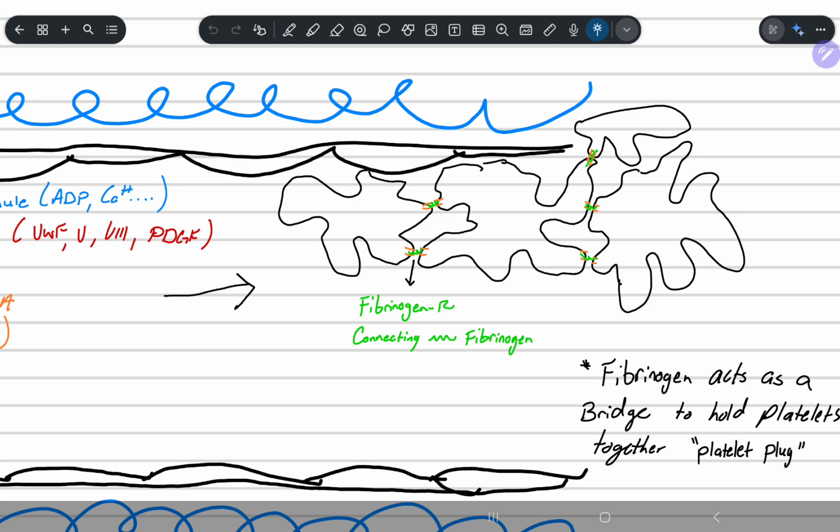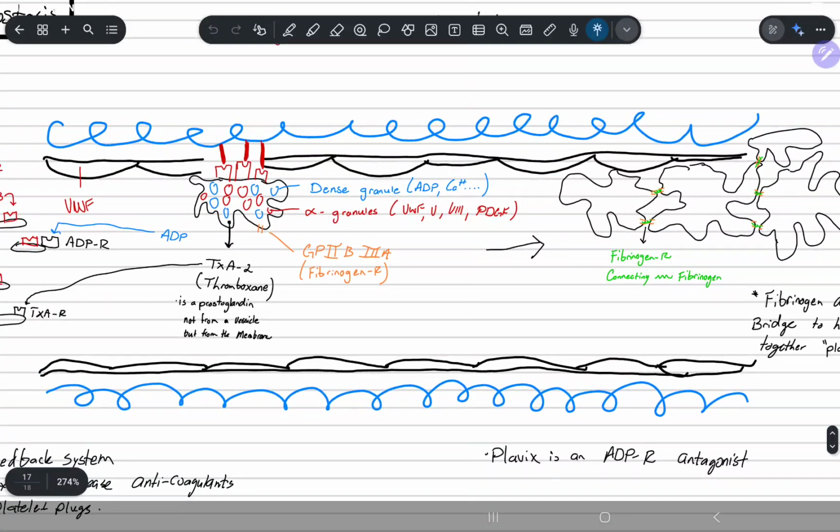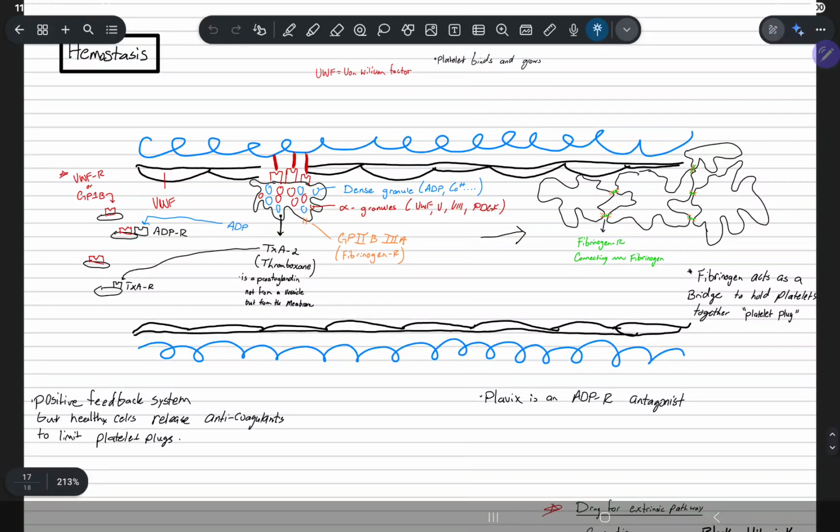Then the clotting will begin. Clotting factors will lead to factor X converting prothrombin to thrombin. And then thrombin will convert fibrinogen into fibrin to create a fibrous mesh to strengthen the plug. This mesh will capture red and white blood cells.